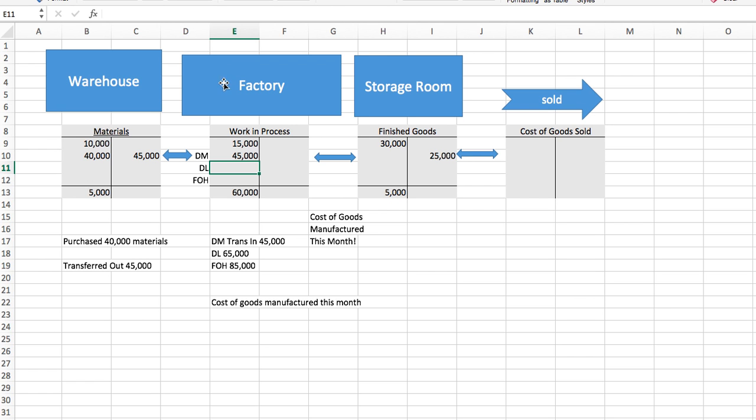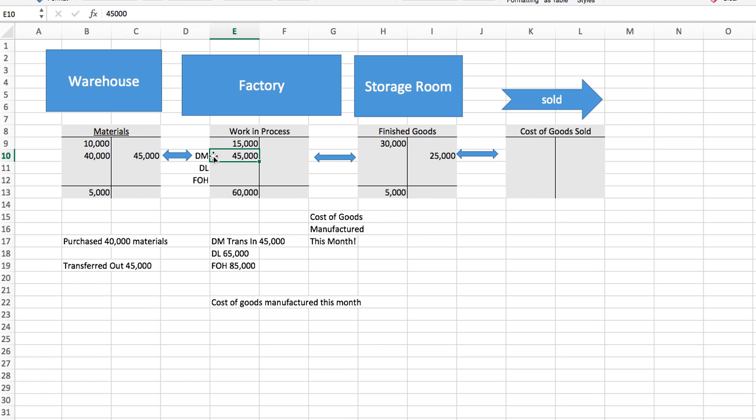Then we're going to look at the items in the factory. There's a beginning balance here of $15,000. That means that at the end of the month or at the end of the year, there was work in process. There were products in the factory that were not 100% complete. So that is not unusual. So you have a beginning balance of work in process.